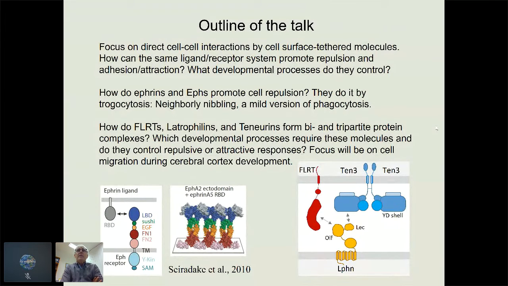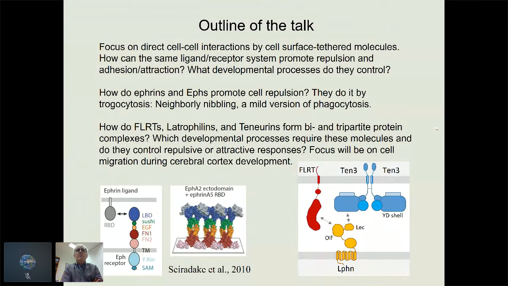So I'll begin with the shorter part, which will be on ephrins and Ephs. I will present to you work that we published last year on how Ephs and ephrins promote repulsion. It involves a process called trogocytosis, which is a mild version of phagocytosis, basically nibbling on your neighbor.